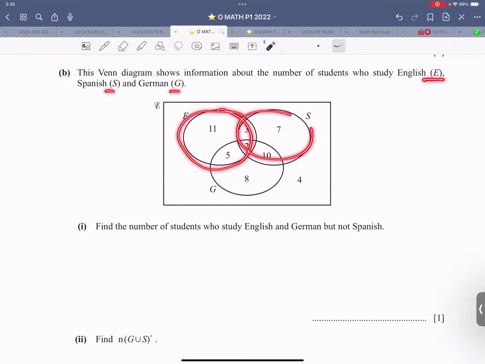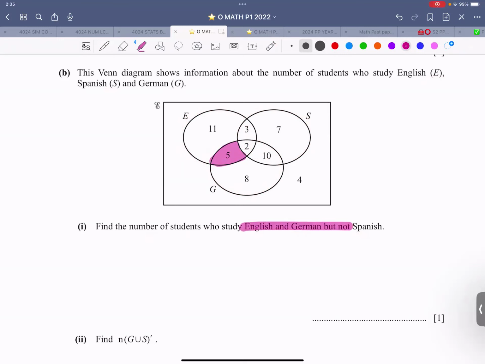Find the number of students who study English and German but not Spanish. So these are these people who study English and German but not Spanish. So therefore, this answer is 5.